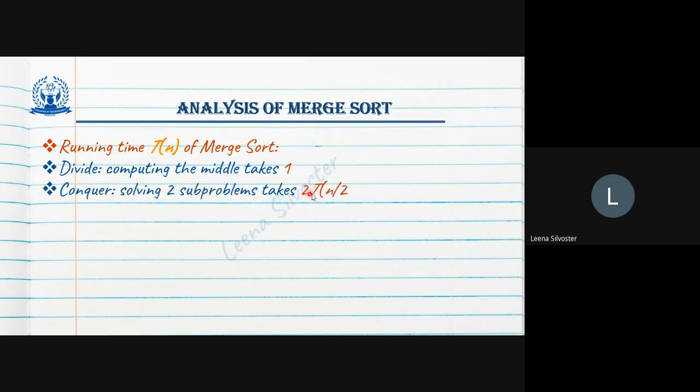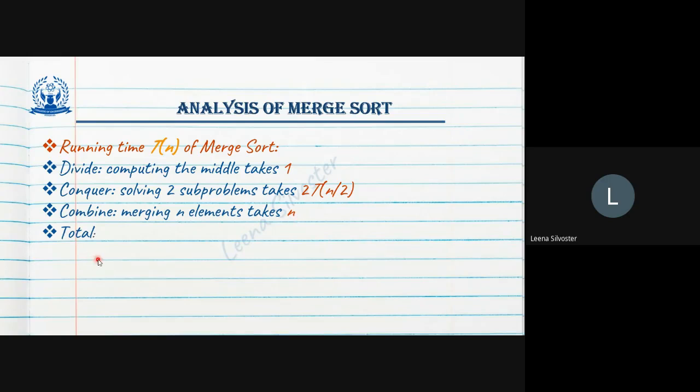The whole list is divided into n by 2, and T is repeated on two lists, that is why we get 2T(n/2). Then we have to combine: we have to merge these two lists, and for that we need n steps.